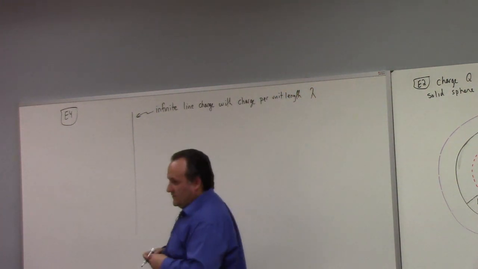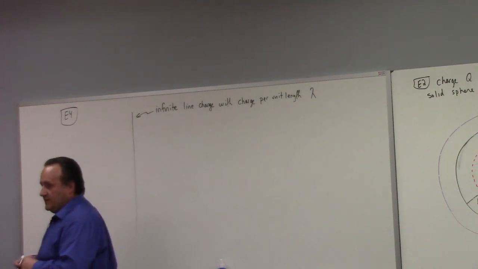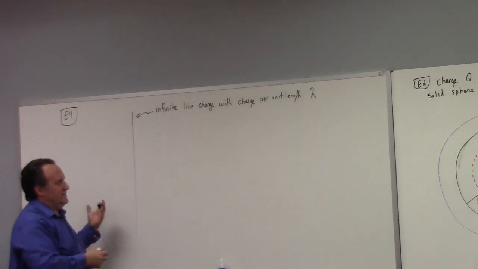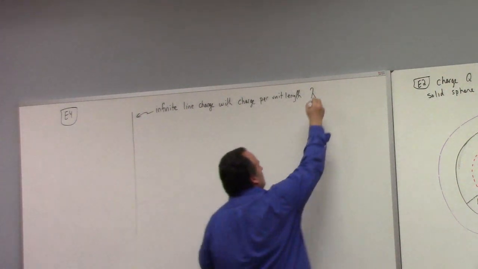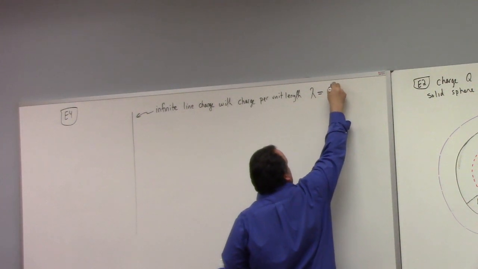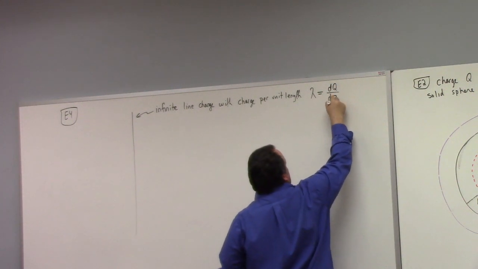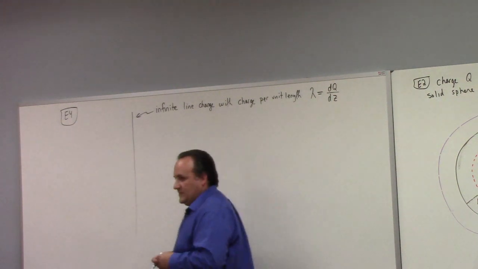So this lambda is the charge per unit length, right? So I guess we could say that's like dq dz if you like, for the sake of discussion. I'll say it's on the z-axis for the sake of specificity.